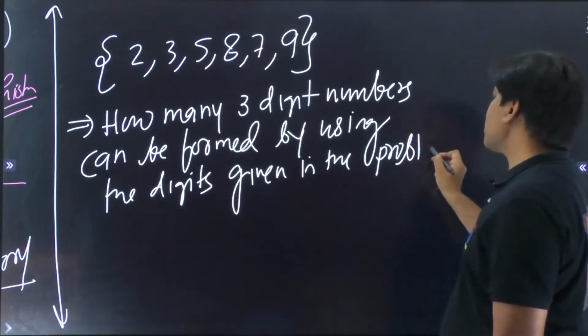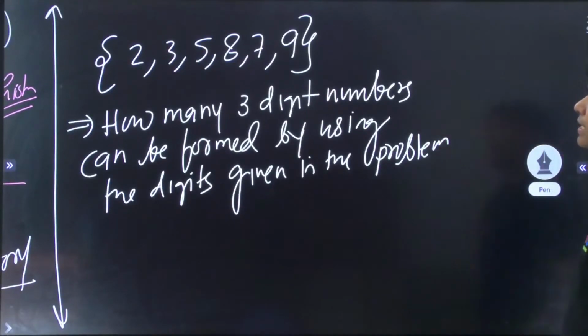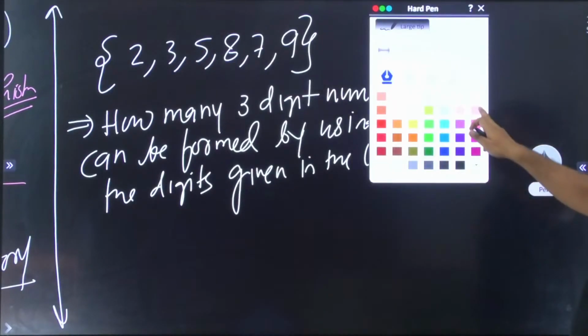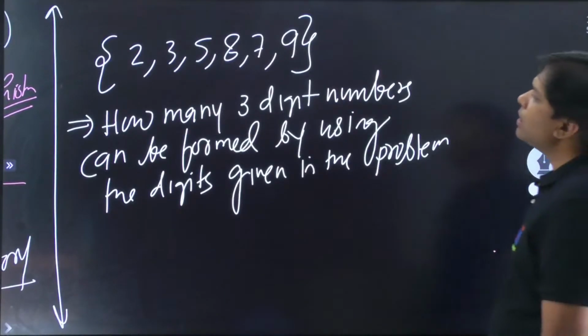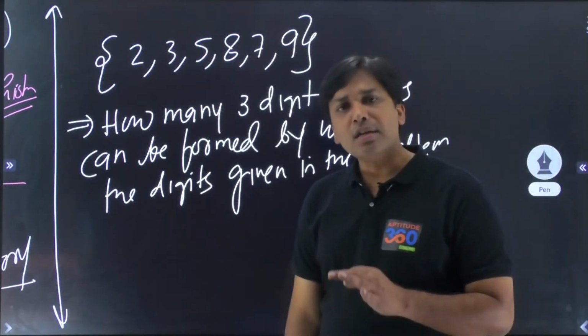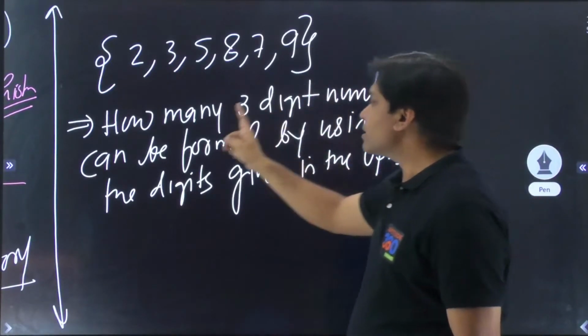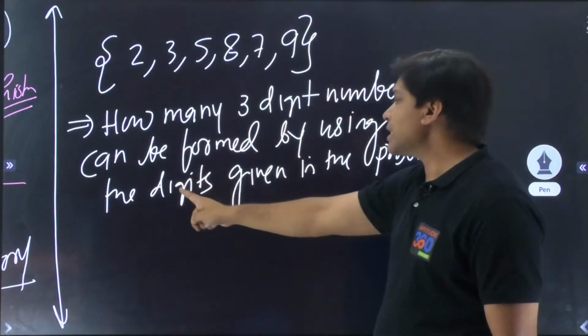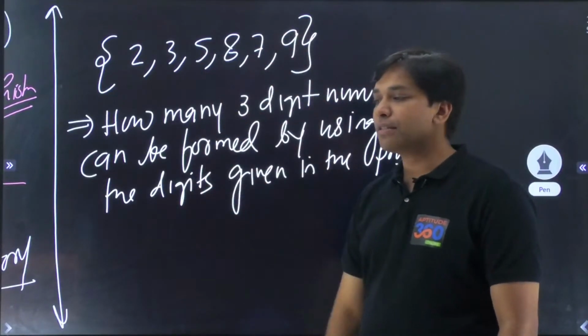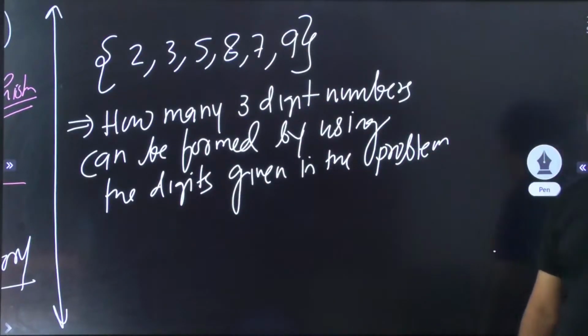अब मैं ये नहीं कर रहा 0 to 9. I'm saying that I have got these 1, 2, 3, 4, 5, 6. I have got 6 digits. My question is, how many 3-digit numbers can be formed by using the digits given in the problem? What do you think is the answer, people?